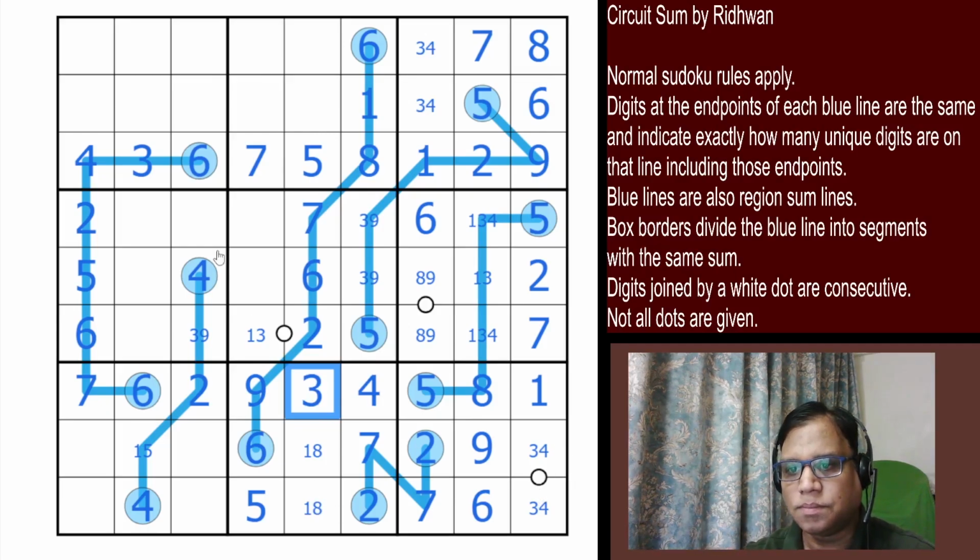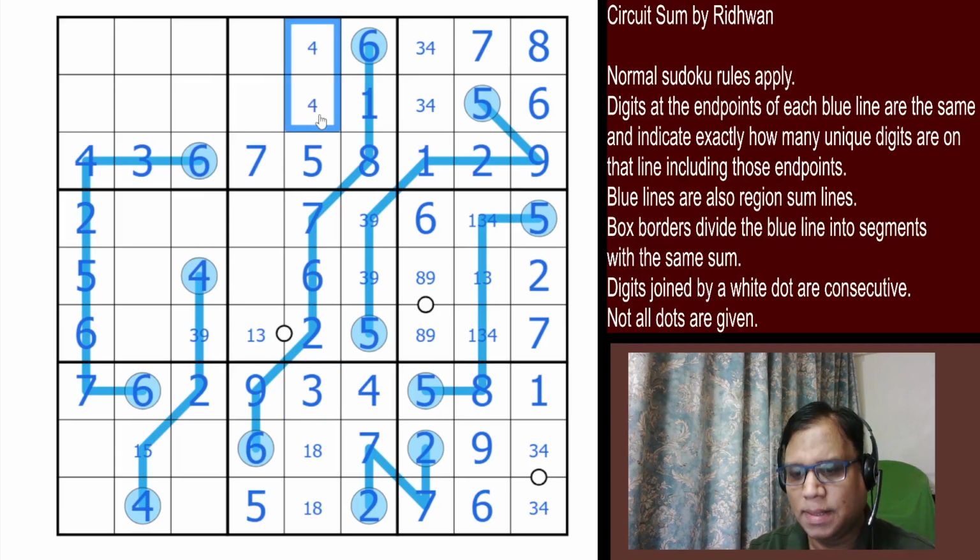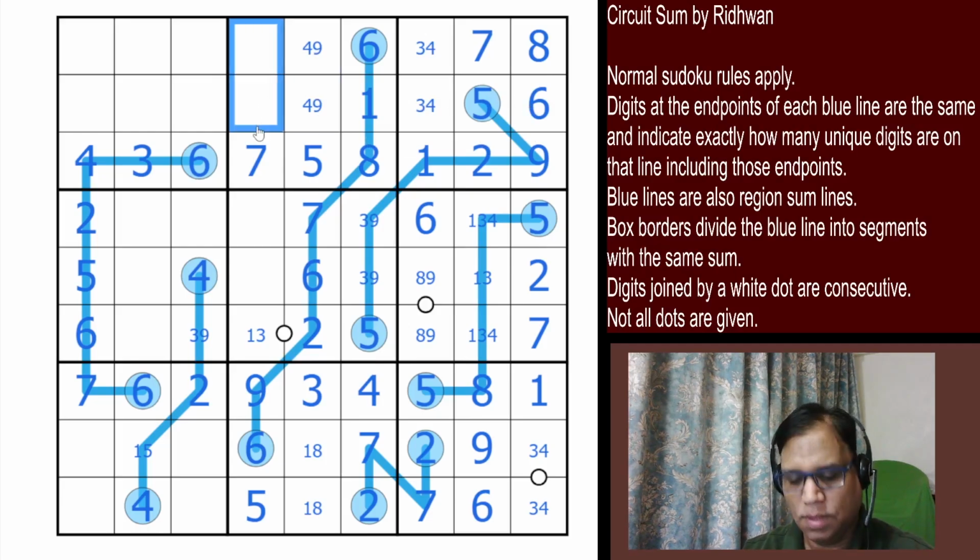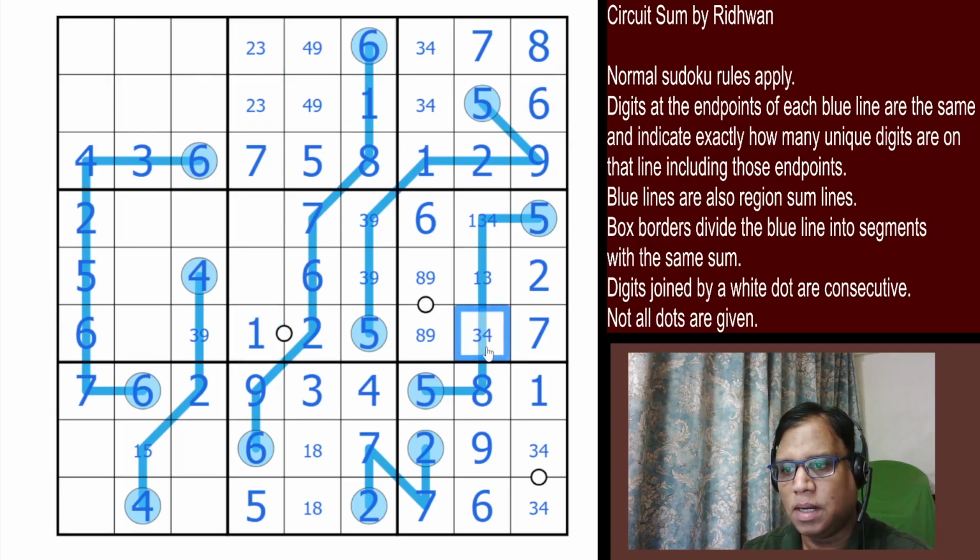These two digits, right? Those are 1 2 3. Oh, 2 3 2 3, right? So that means that has to be 1. That can't be 1.